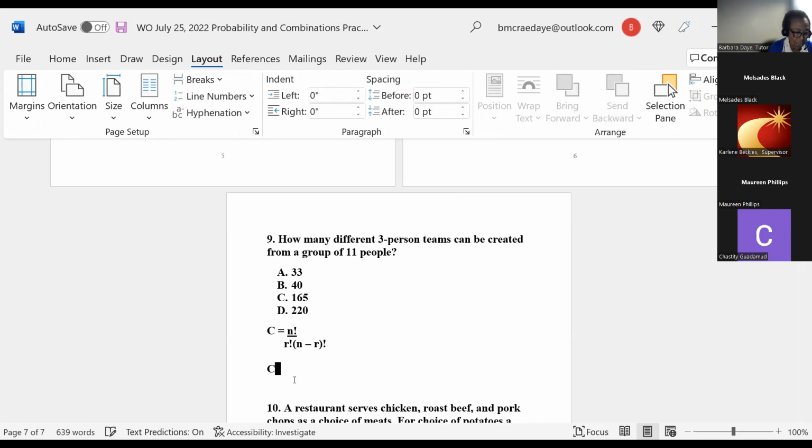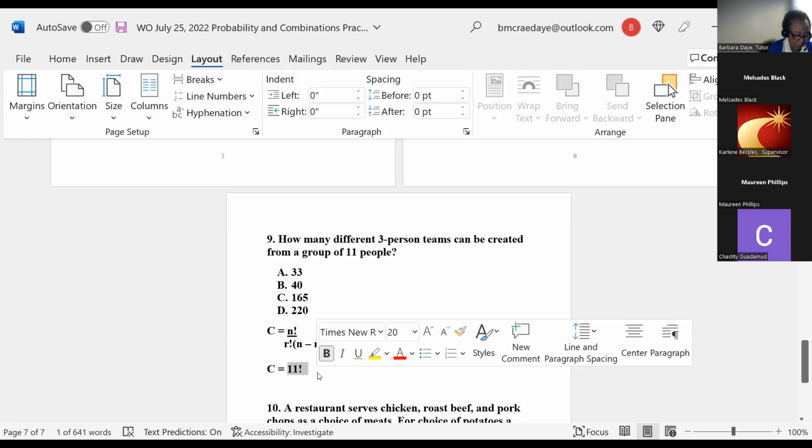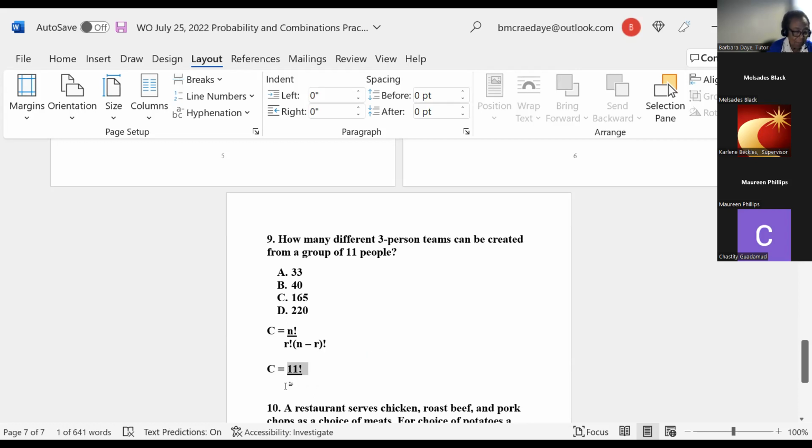That's right. So C equals 11 factorial, and we're making 3-person teams. So the R is going to be the 3, right? So put the 3 factorial here, and there's the n again, 11 minus the 3, and that's factorial.